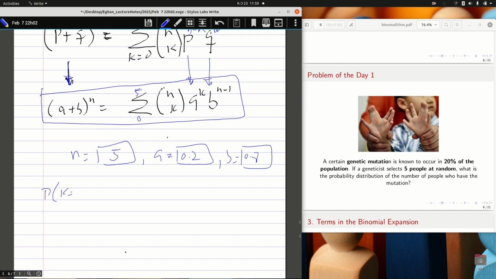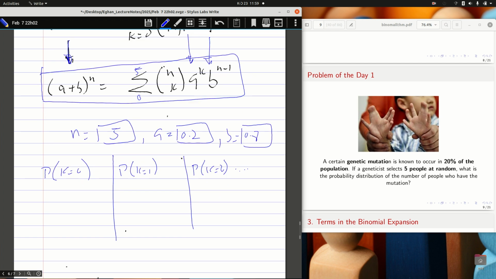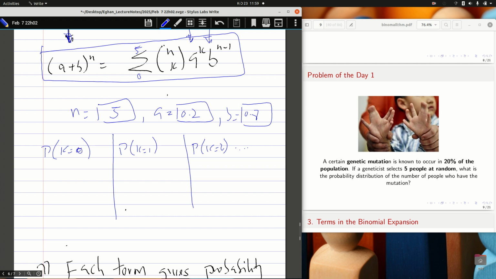What's the probability that k is 1? The probability that k is equal to 2? And so on and so forth. We want to find the probability of 0, which means no one is getting the mutation in the 5 sampled people. 1 means only one person has the mutation. This means only 2 people have the mutation, up to when all of them will have the mutation.